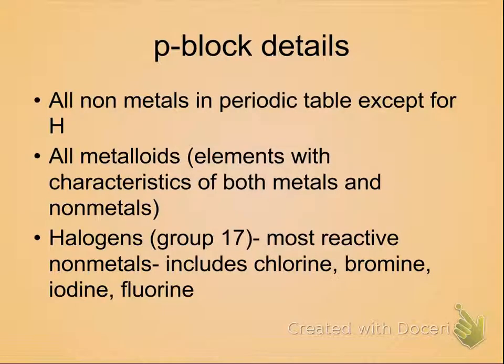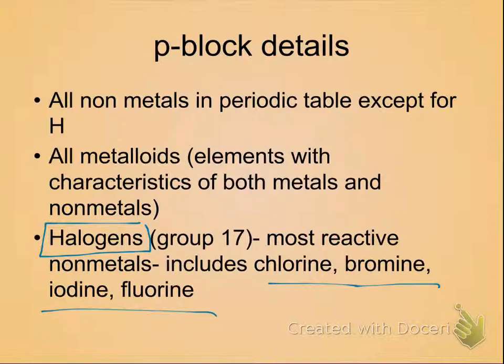Halogen is definitely something you want to be familiar with, because I'll refer to the halogens, and I'll kind of expect that you know that. So the halogens are the group 17 elements: chlorine, bromine, iodine, fluorine. They are the most reactive nonmetals there are.